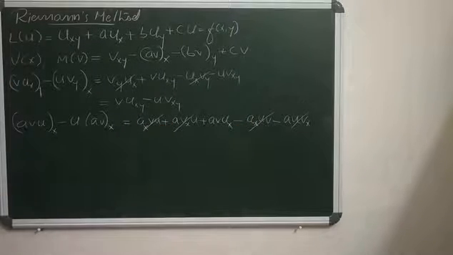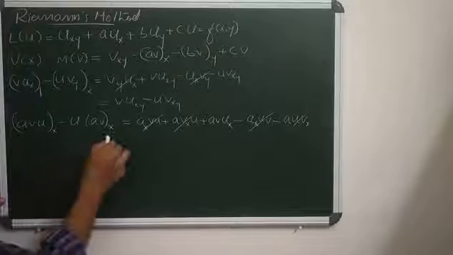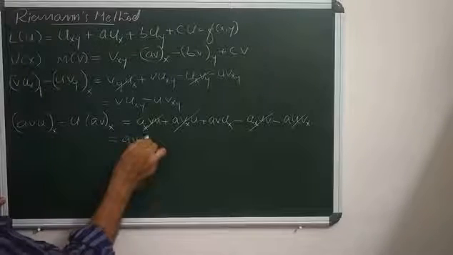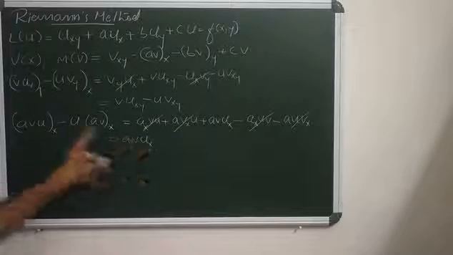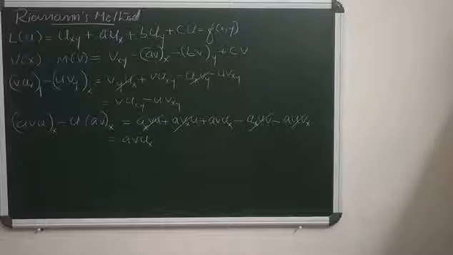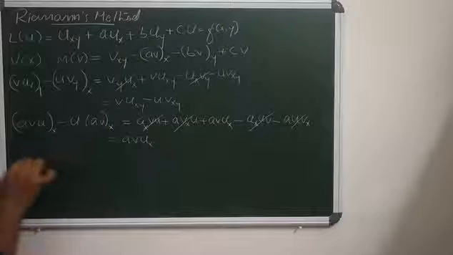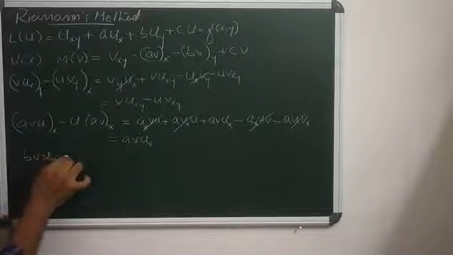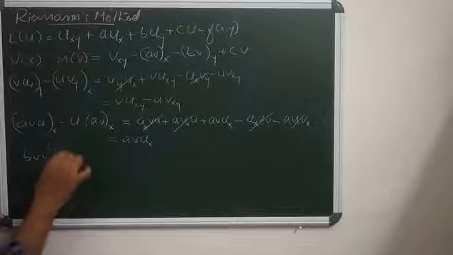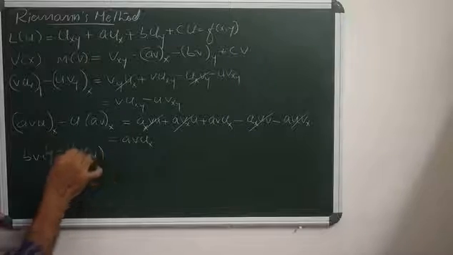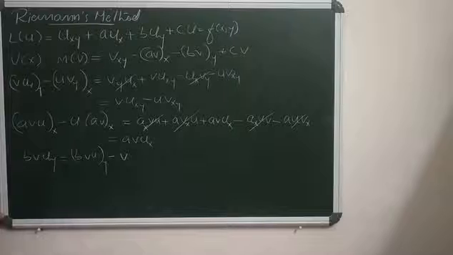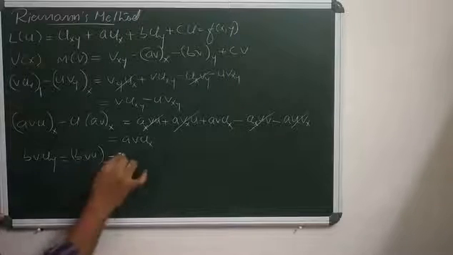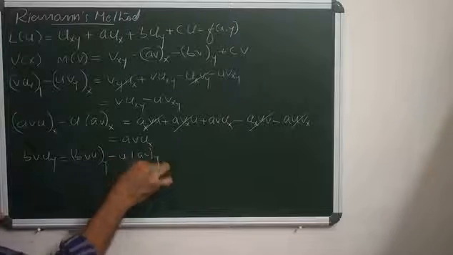What remains is a v u_x. So a v u_x equals (a u v)_x minus u (a v)_x. Similarly, b v u_y equals (b u v)_y minus u (b v)_y.